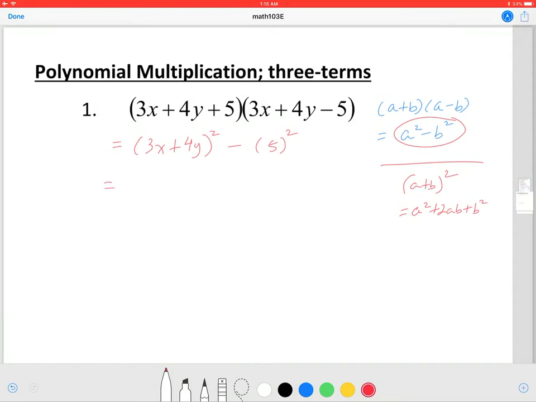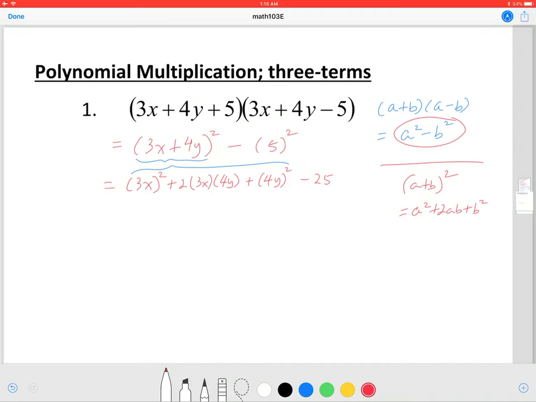So this will be 3x first term squared plus 2 times first term times the second term plus 4y squared. But don't forget there's a minus 5 squared, so minus 25.